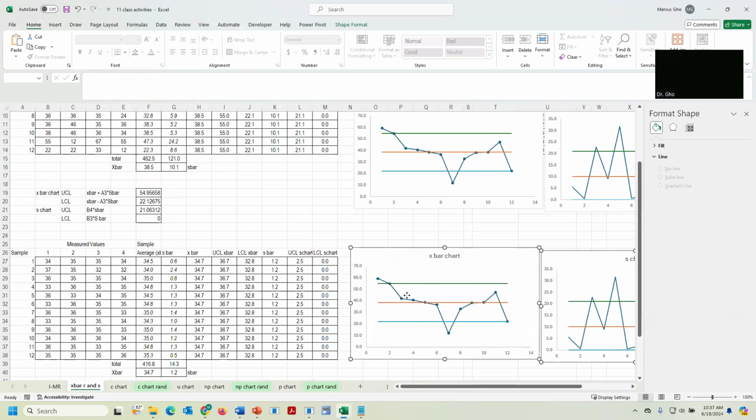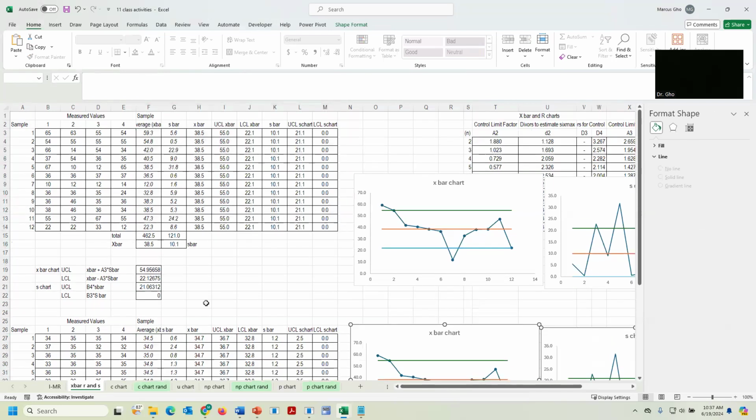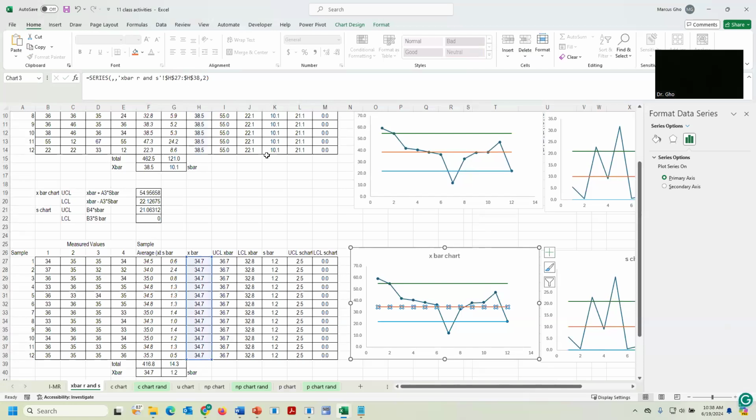I copied the graphs as well. And I'm going to go through each of these. These were the data that we have from here, from row 3 to 14. I can come over here, and I want between 27 and 38. So I'll make these 27 and 38.